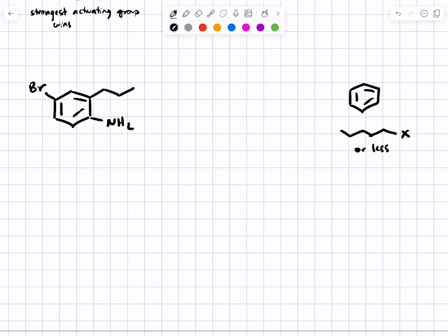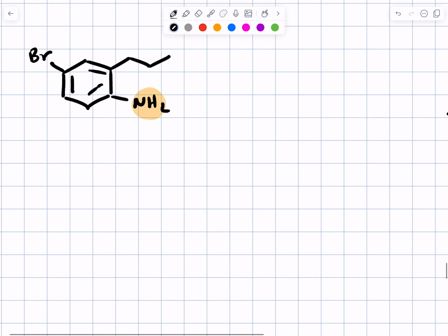So one of the things I note, let's just highlight that aniline. I don't know how to put the nitrogen directly on the benzene ring, but I know that probably used to be a nitro group. Currently it is an electron donating group and is an ortho and para director.